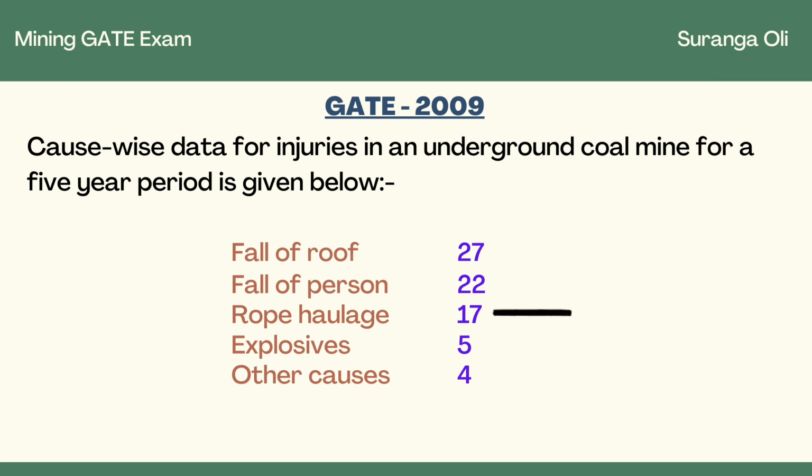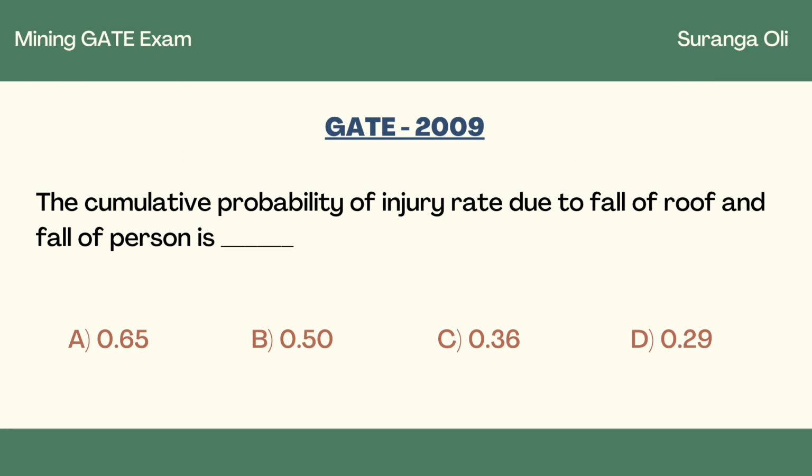Because of rope haulage, 17% got injured. Because of explosive, 5 persons got injured. And 4 persons injured because of other causes. In this question, we have to find the cumulative probability of injury rate due to only fall of roof and the fall of person.